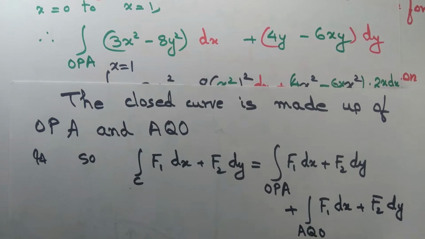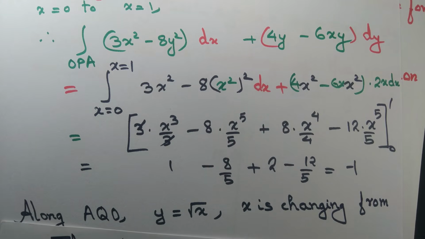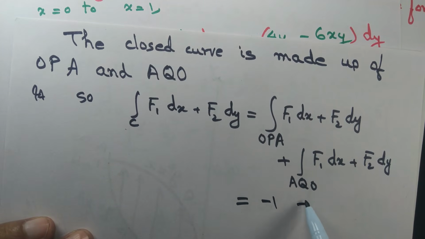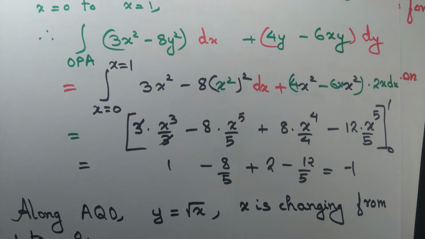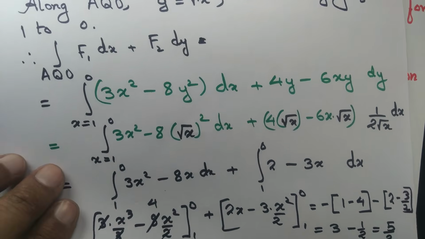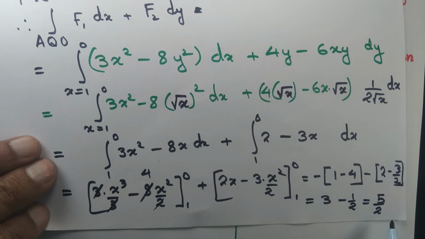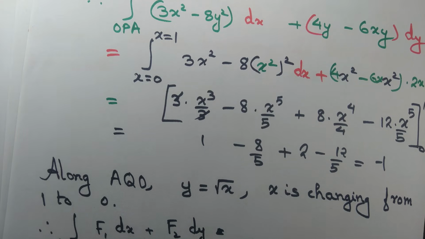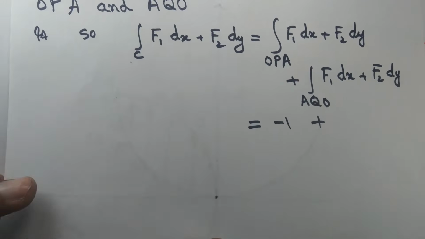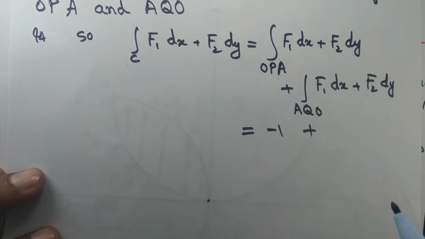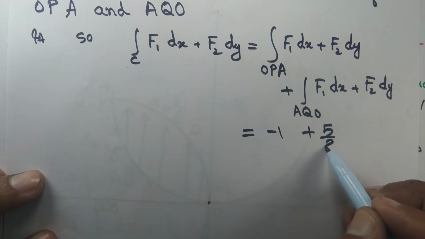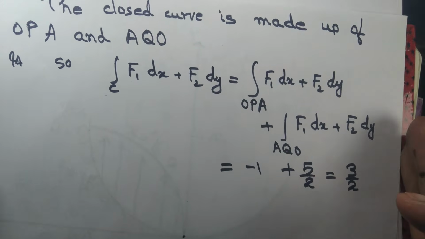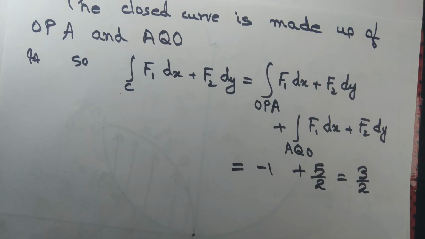Along OPA, we have computed it and we got minus 1. Along AQO, we have computed it and we got 5 by 2. So, minus 1 and then 5 by 2. If we add it, that will be 3 by 2. So, left hand side equal to right hand side and we have verified Green's theorem.